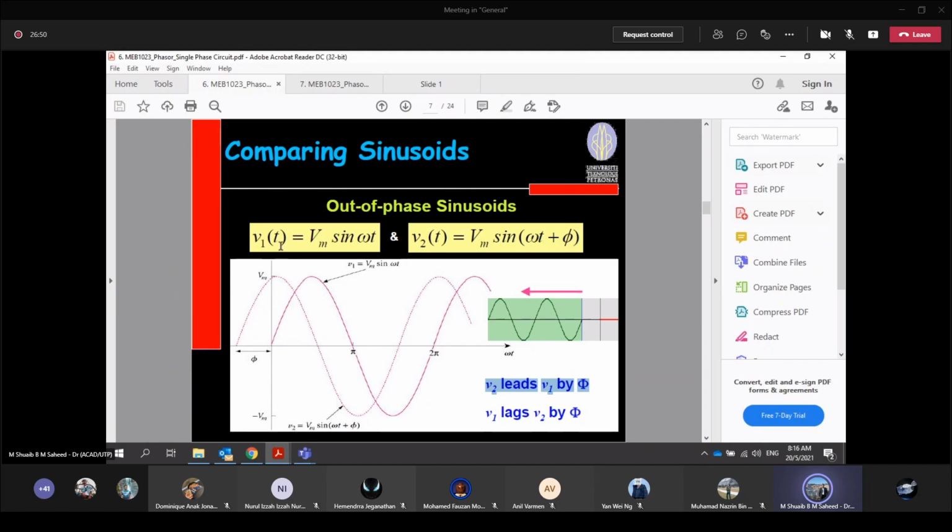So the relationship between V1 and V2 for omega t minus phi will be V1 leads V2, or V2 lags V1. In this case, omega t plus phi, it will be V2 leads V1 by phi, or V1 lags V2 by phi. Either one of these two statements is correct.